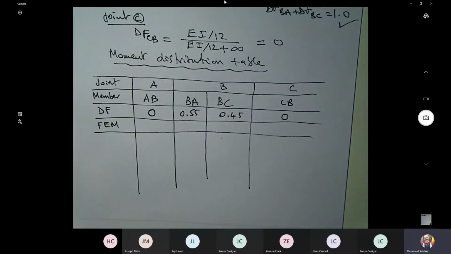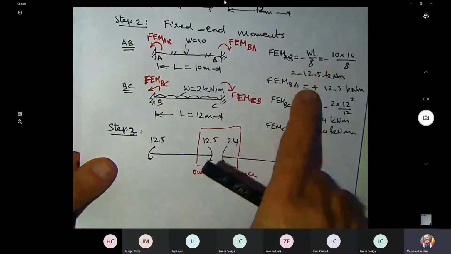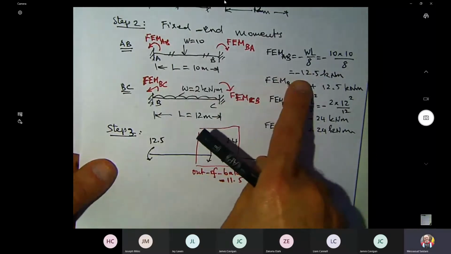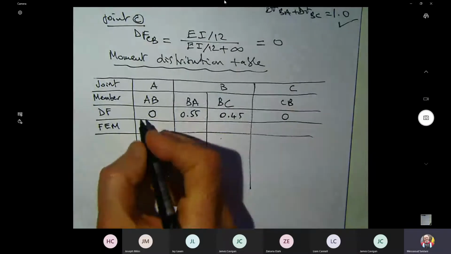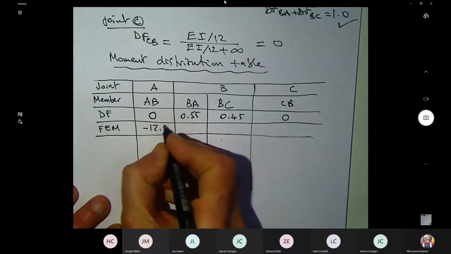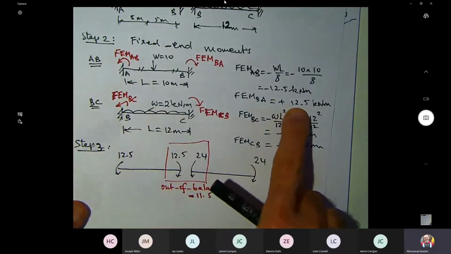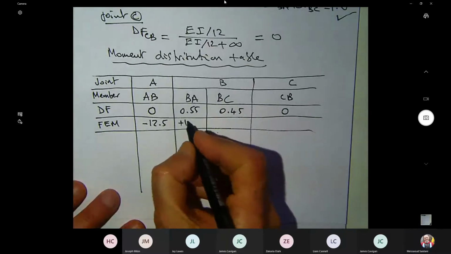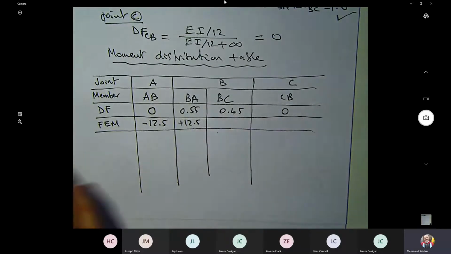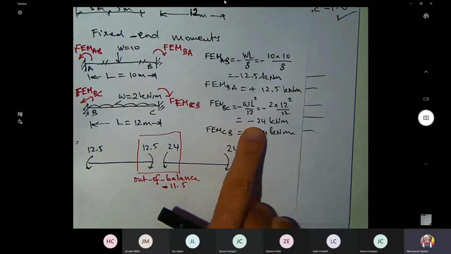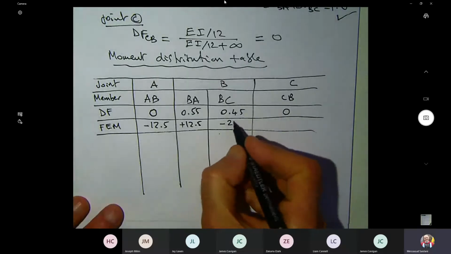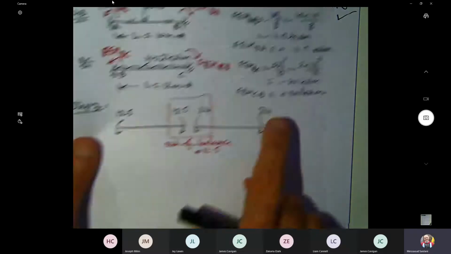Fixed end moments, which we calculated earlier: for AB we have minus 12.5, for BA plus 12.5, for BC minus 24, and finally for CB plus 24.